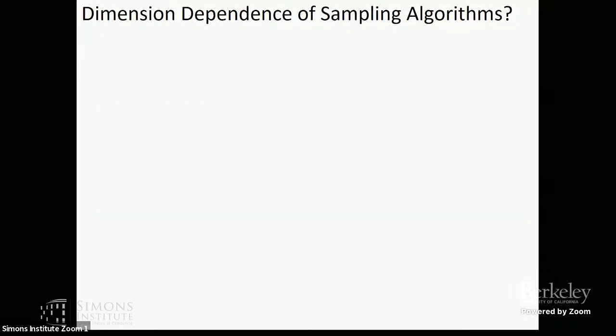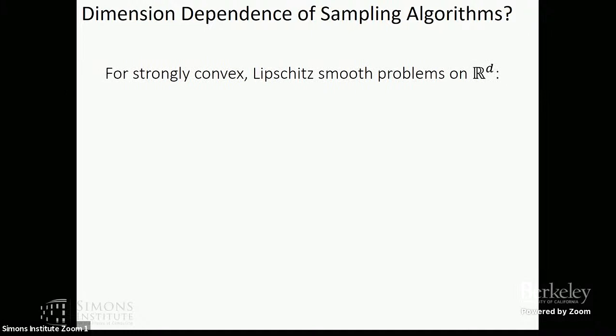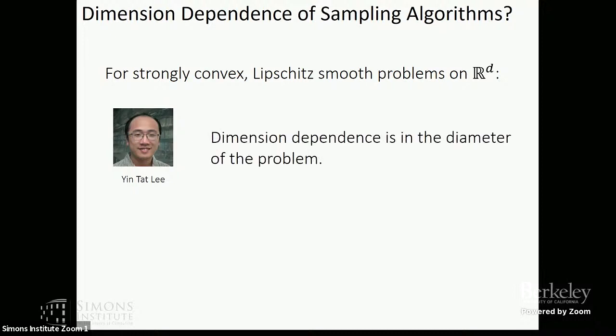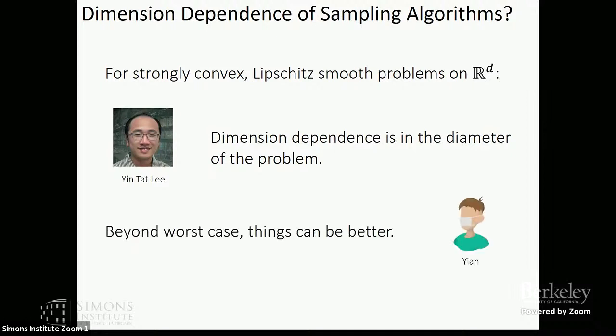To address this question for strongly convex and Lipschitz smooth problems on R^d, one would say that this dimension dependence is in the diameter of the problem, so it goes with epsilon, right? Whenever you have an accuracy dependence, you have a dimension dependence. And Roche is in the audience; she might also agree. But I would say that this is a compelling argument, and in the worst case, it may very well be true.